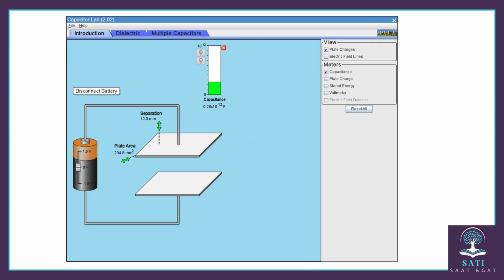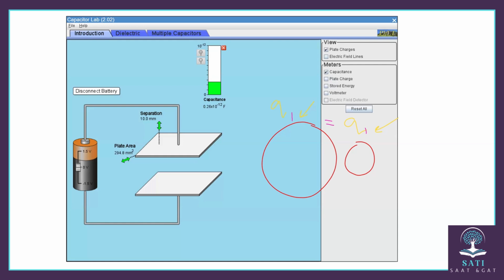Now in this example, I have two balls, one big ball and one smaller ball. These two balls have the same amount of charge, same Q here, same Q here, so Q1 equals Q2.